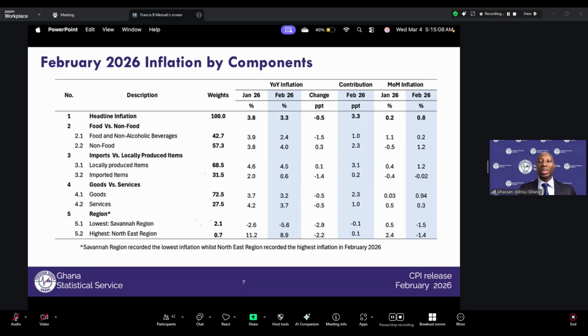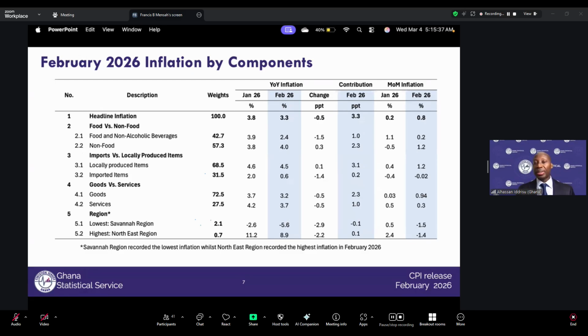If you look at February 2026 inflation by component, we'll see that food inflation is critical because food affects every household. In fact, it constitutes about 43% of the inflation basket. And in February 2026, food inflation fell to 2.4%, down from 3.9% in January 2026.